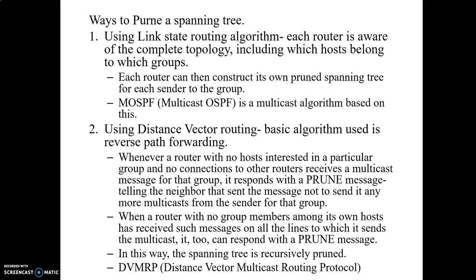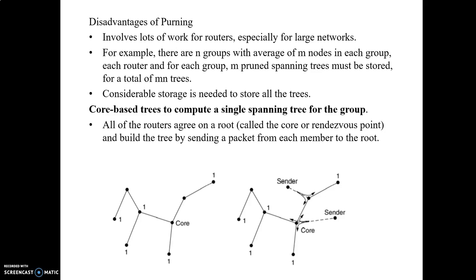Clear? Fine. Now there are disadvantages of this pruning mechanism, wherein we are removing the nodes and links. It's basically taxing your routers, especially for a larger network and larger spanning trees to be constructed.